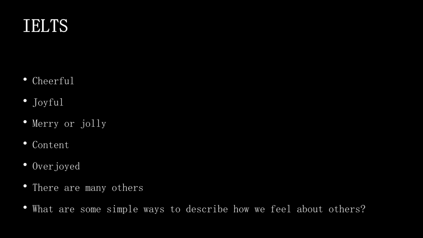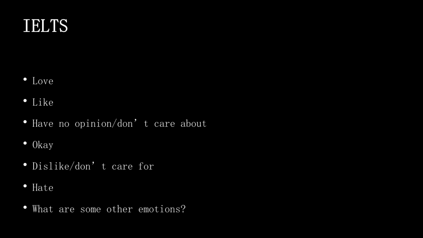What are some simple ways to describe how we feel about others? Right, we could say we love someone, we like someone, we dislike or don't care for someone, and we hate someone. And there's kind of two in the middle here, right?